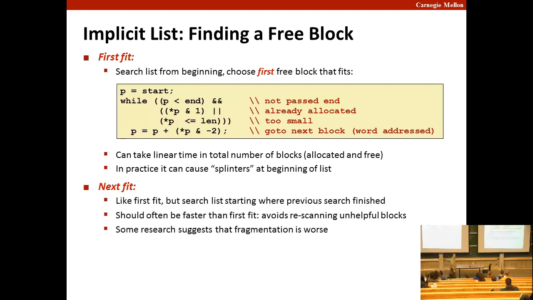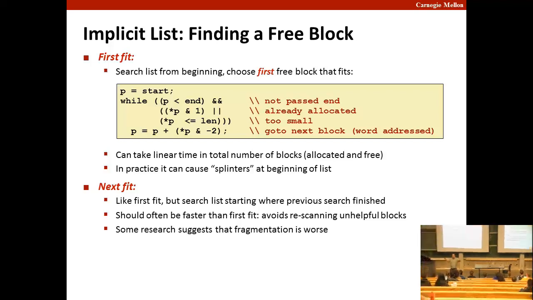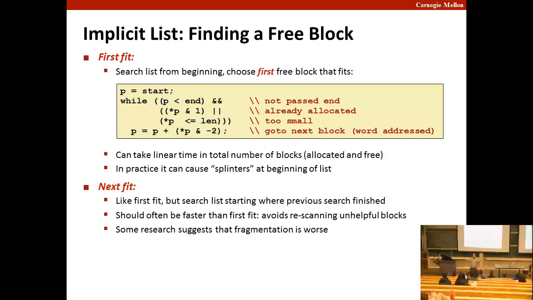Now, if you're doing what the book calls first fit, you're actually being really silly about it. Because if I always start at the beginning, I'm going to take the big chunks out of the beginning and then start over at the beginning again. And now there's no more big chunk. So now I have to search farther. Then I start back at the beginning again, and I've already taken out some chunks.